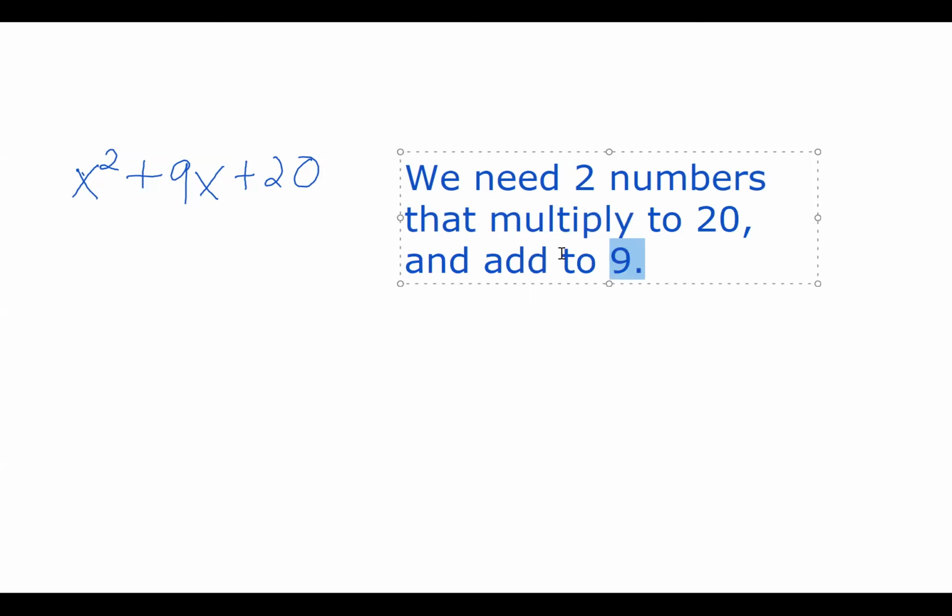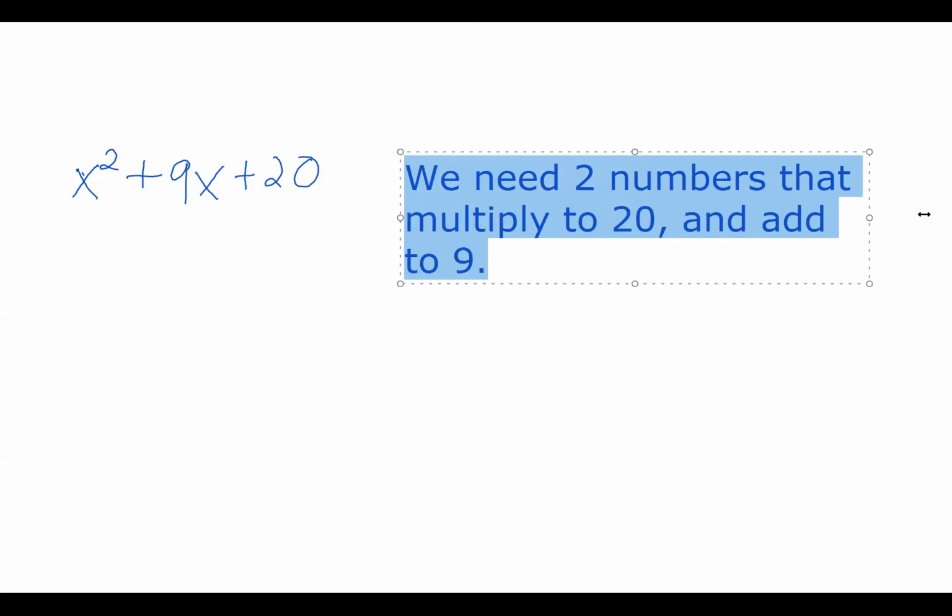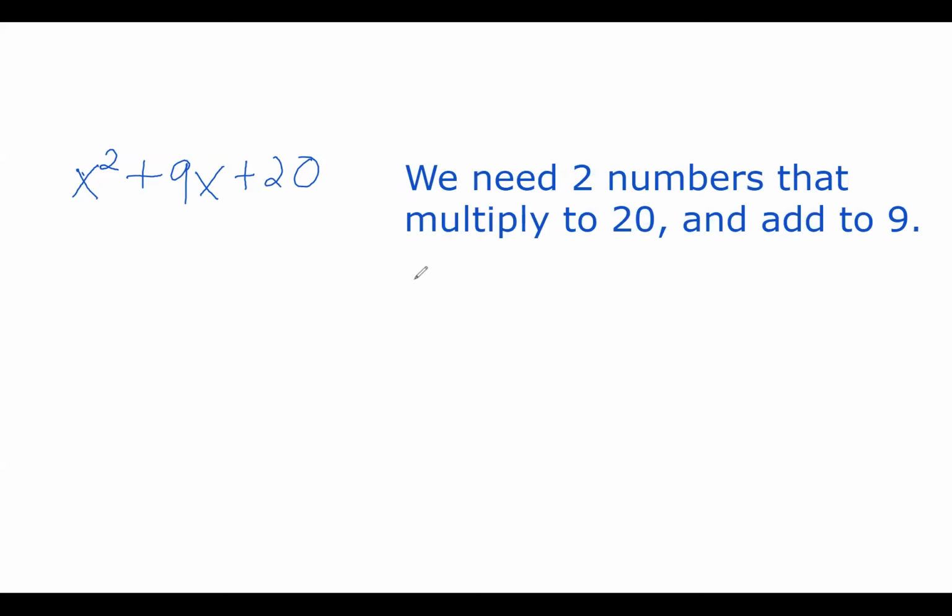Okay, so you can kind of sit there and think, or there might be an actual process we can go through here. All right, so here's one of the ways we can systematically come up with our combination here. All right, I'm going to make a little chart. Nothing fancy. Product and then sum. So we want our product to be 20 and our sum to be 9.